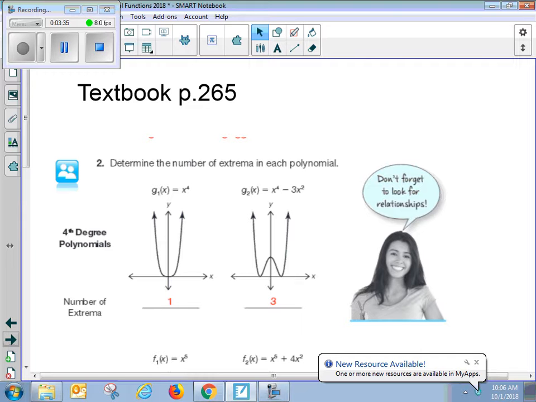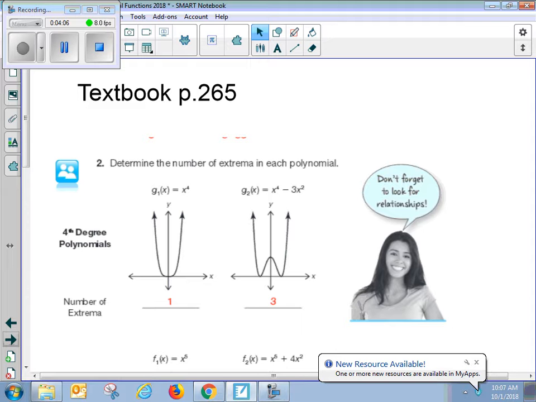So on these two graphs right here, they're both examples of a 4th degree equation. The first graph is the parent function. It is just a 4th degree equation without anything fancy. The next one is also a 4th degree polynomial, but it has that extra little swiggle in between. Can you see that on this first one there's 1 turning point? That's my number of extrema.